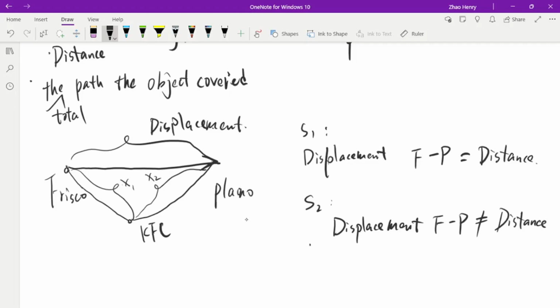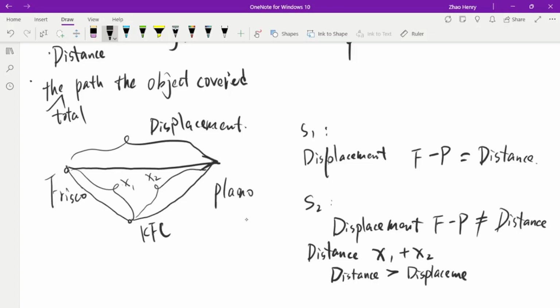Your distance is actually the first part of the road x1 plus x2. It's very easy for you to figure out that your distance is bigger than your displacement in this situation.